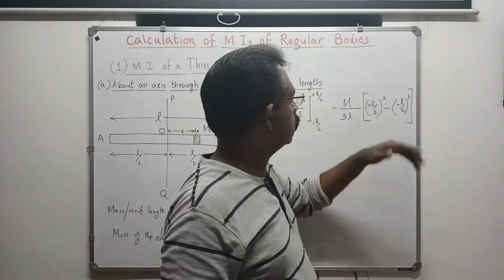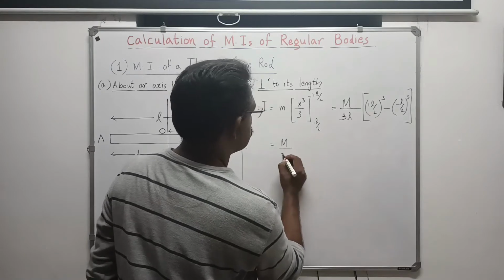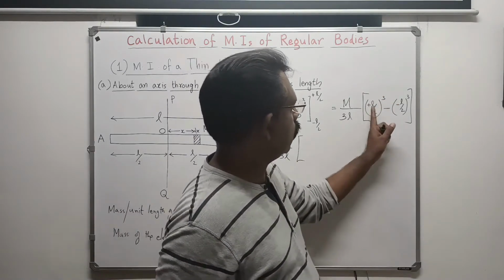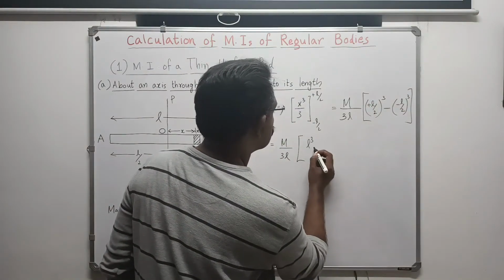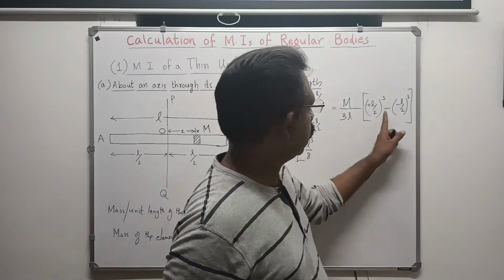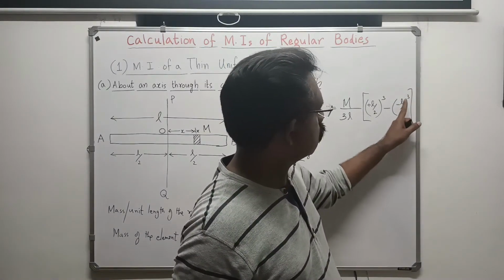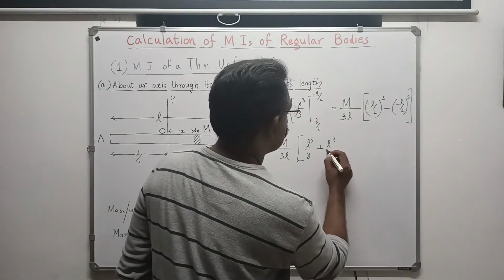So this will be M by 3L into, this one will be L cube by 2 cube, that is L cube by 8, minus minus L cube by 8, so it will be plus L cube by 8.